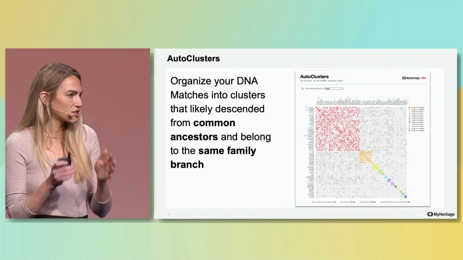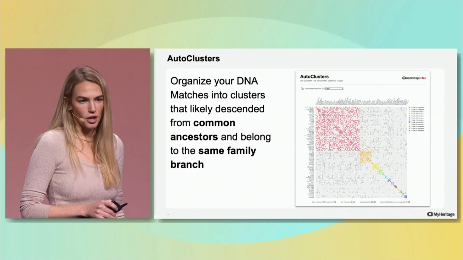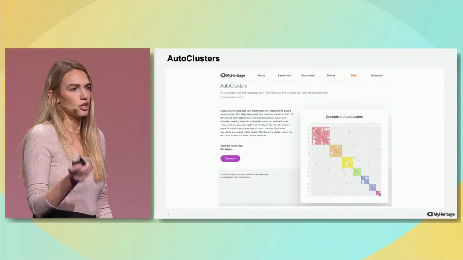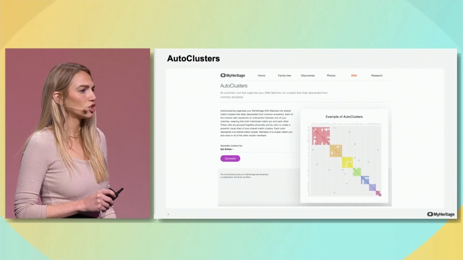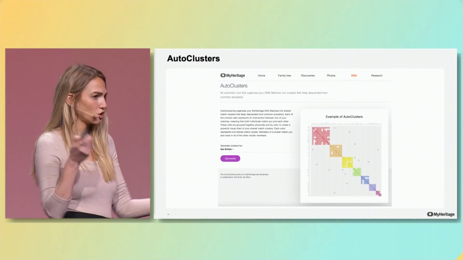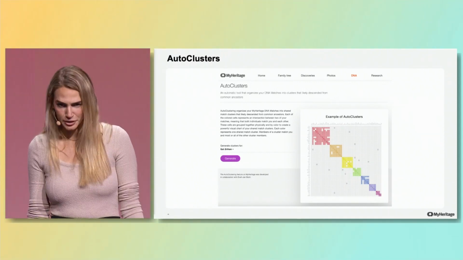So you can use this tool when you want to identify lines of your family. And you can access it, again, from the DNA tools under autoclusters. You can just select to generate an autocluster for each one of your kits. And remember, when you manage multiple kits, you will get different results. So you can generate that, and you will get it in a second.